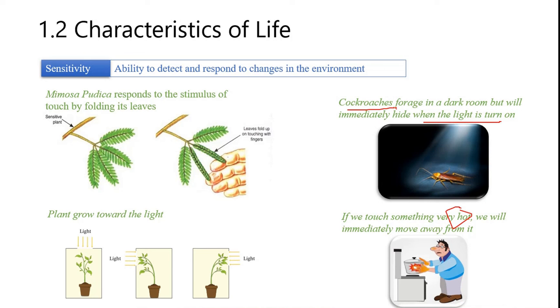The cockroach will hide. And plants are the same, they will grow toward the light.